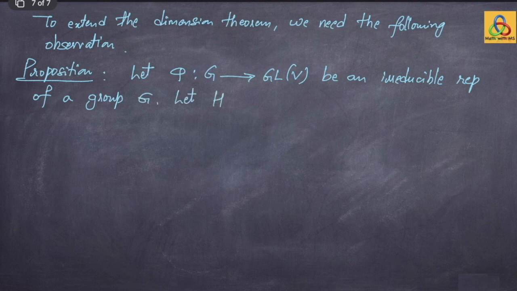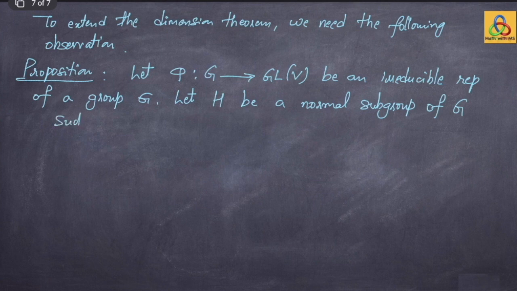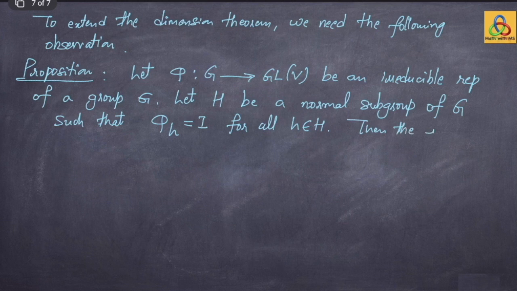Let H be a normal subgroup of the group G such that when you restrict your representation phi to H, it is trivial, that is, phi sub h is the identity for each little h belonging to capital H. This gives rise to an induced group homomorphism from G mod H to GL(V).